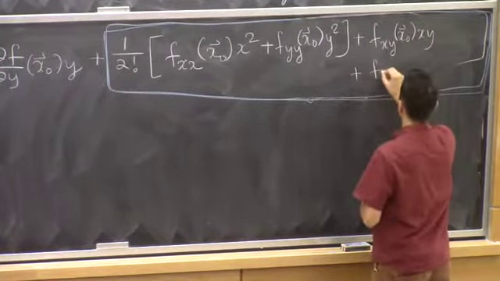Sorry, this bracket should only go over the two terms with squares. These should be separate over here.